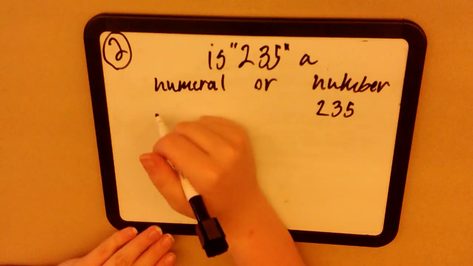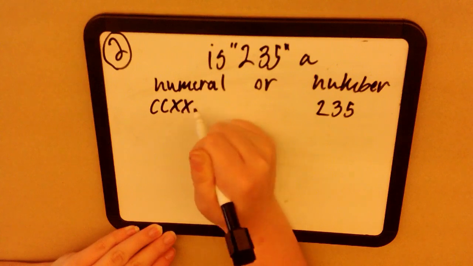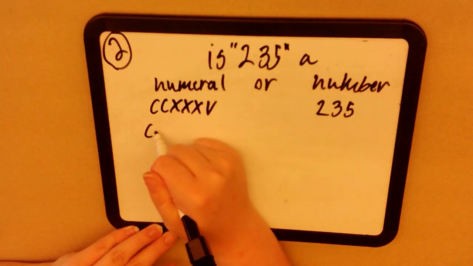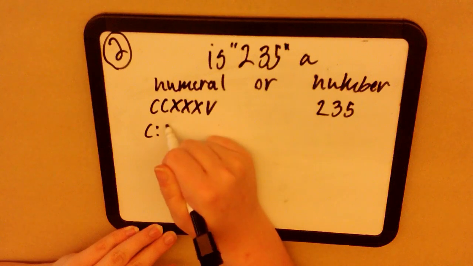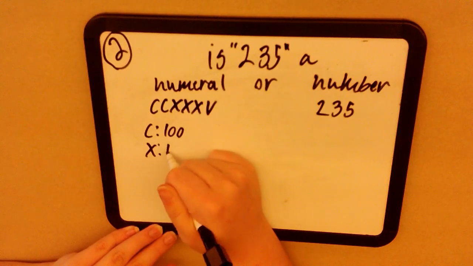And the way that we can understand that it's a number versus a numeral is that if we looked at the numeral version, it's going to be CC, XXX, and V. C is for 100, X is for 10, and then V is for 5.